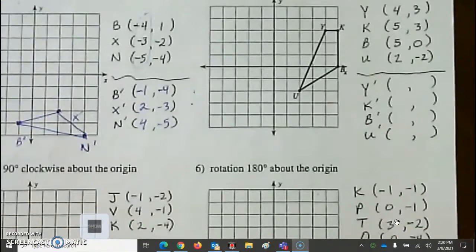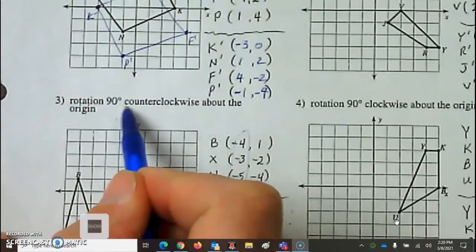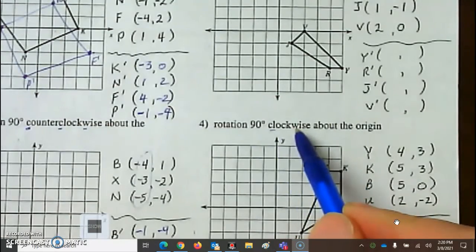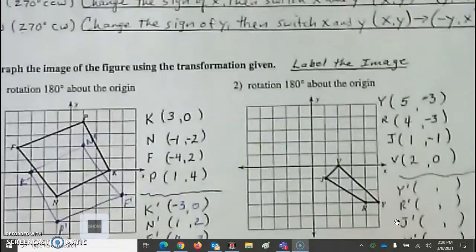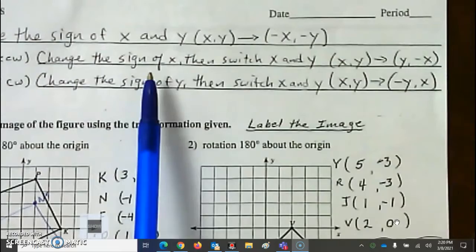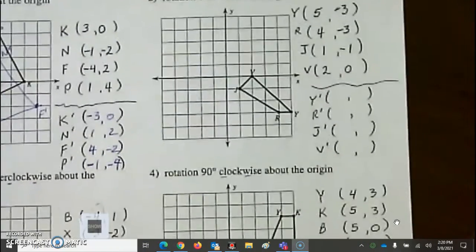And one more, the 90-degree clockwise. Okay? Just to show you though, counterclockwise up the top of the paper it just said CCW. There they are. Clockwise is just CW. So up here, 90-degree clockwise says, change the sign of X, then switch X and Y. So here we go.